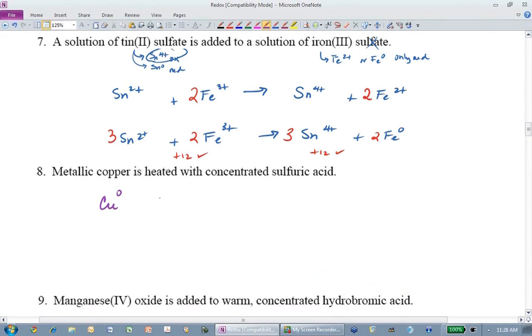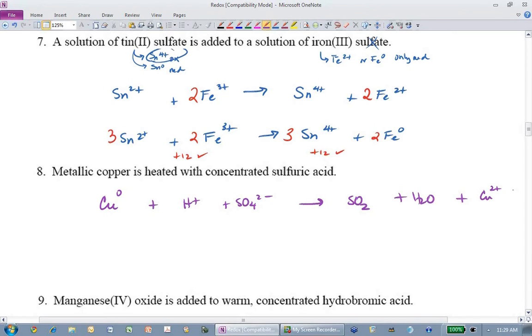So I'm going to need H plus and SO4 2 minus, and when it's concentrated sulfuric acid, we make SO2. We know we're going to make some water. And we know we're going to take that copper. Again, you have to decide. You're going to get a plus 1 or plus 2. Plus 2 is the more common oxidation state, so I'm going there. It would be blue in solution. Alright, so can we inspect this one? Can I be so lucky?